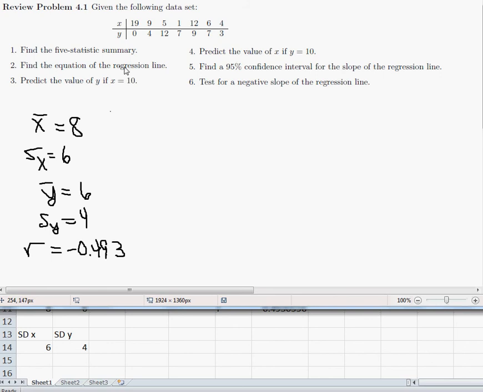Okay, so the equation of the regression line, if you know the x value and you're predicting the y value, is y minus y bar is equal to r times s sub y over s sub x times x minus x bar.